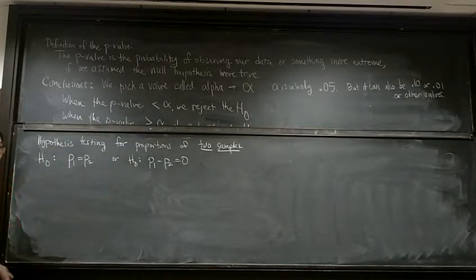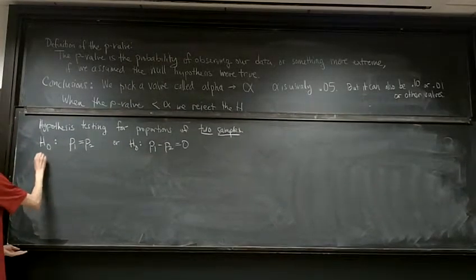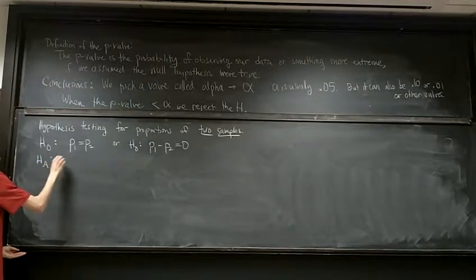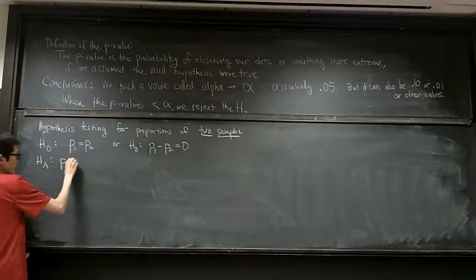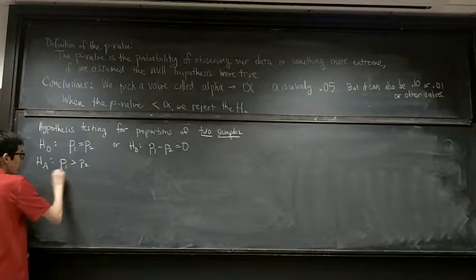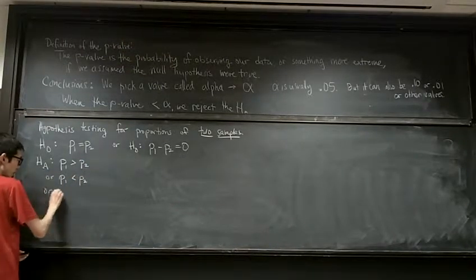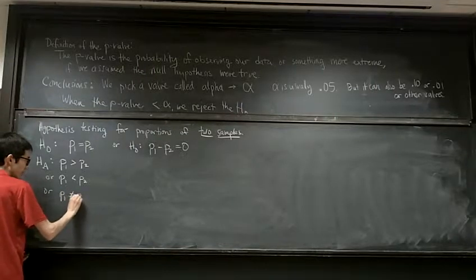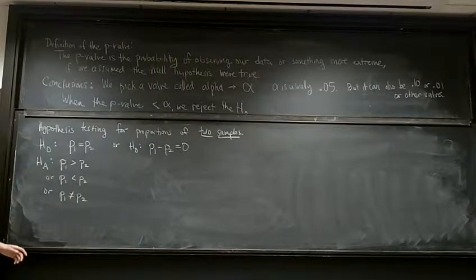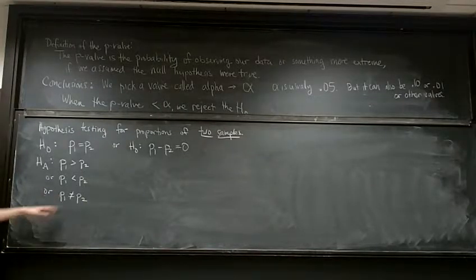The alternative will be P1 is greater than P2, or P1 is less than P2, or P1 doesn't equal P2. In the not equal case, you double your tail area. This is the two tail.